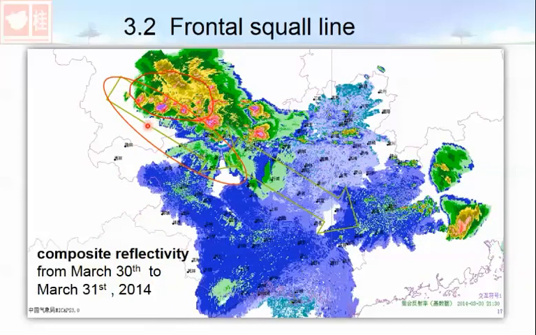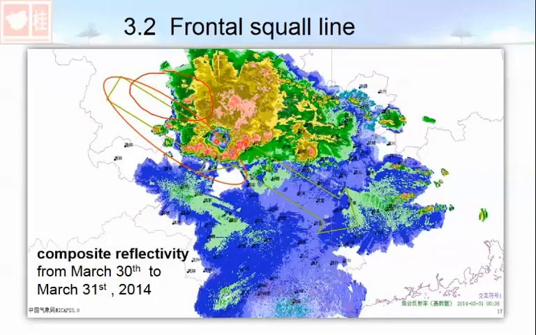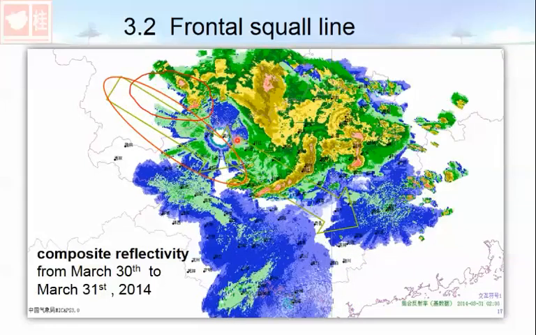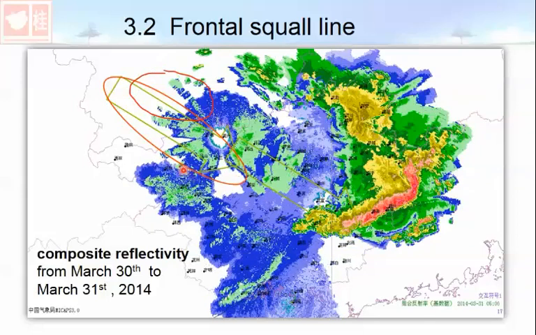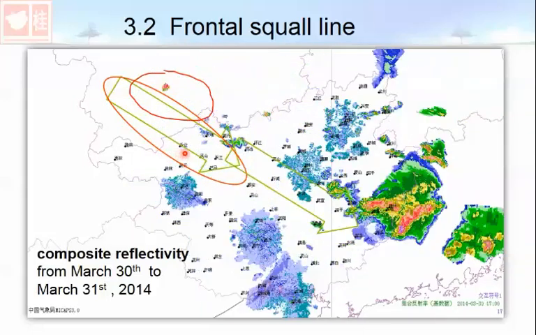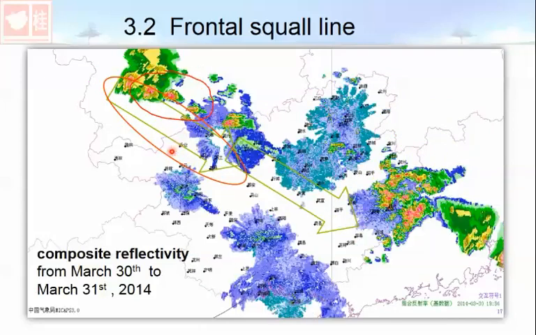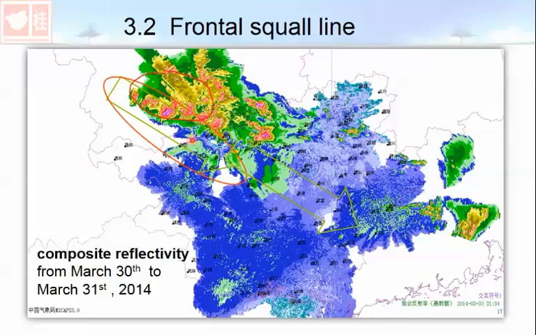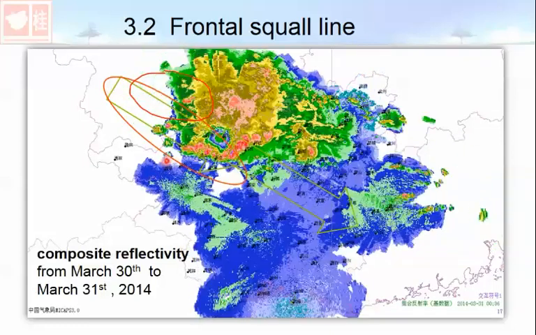The convective cell first moved southeastward and gradually merged into the east to west and then moved southeastward. And the short linear convection first developed into the bow echo and lastly into the long squall line.